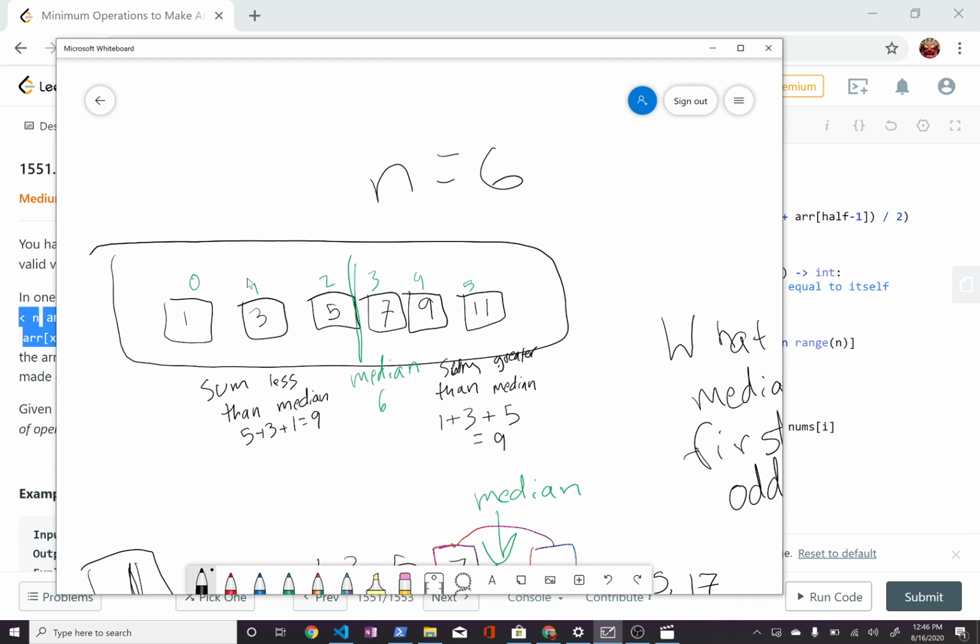So we have this list of the first n odd numbers, and what we want to do is find out how to make all of these numbers equal to each other, using only the operation that increases any index by 1 while decreasing any index by 1.